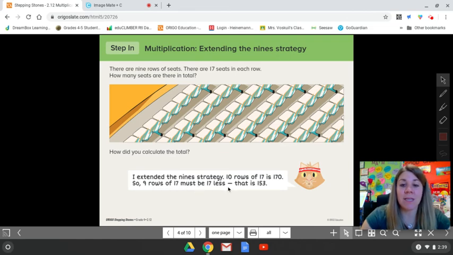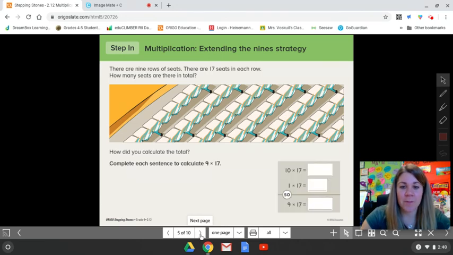So 9 rows of 17 must be 17 less, and that is 153. Here they're showing how you can set it up. 9 times 17. 10 times 17 is 170 minus a group of 17. So that way you know what 9 times 17 is.